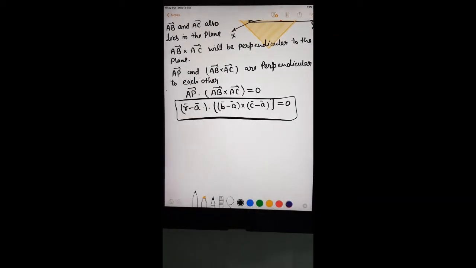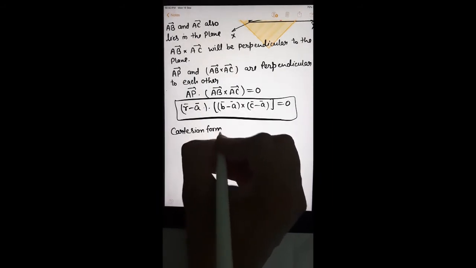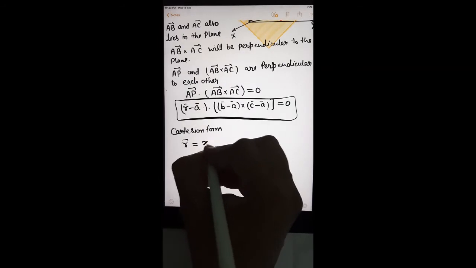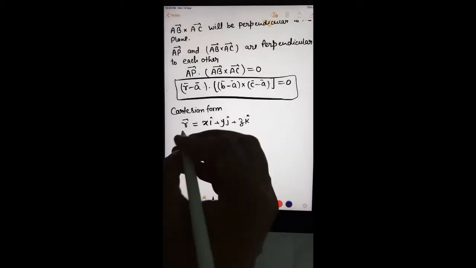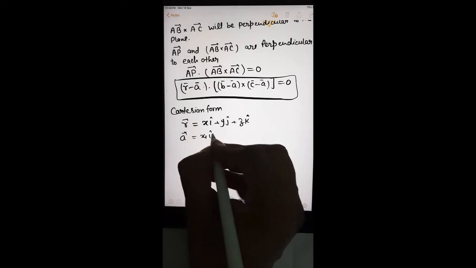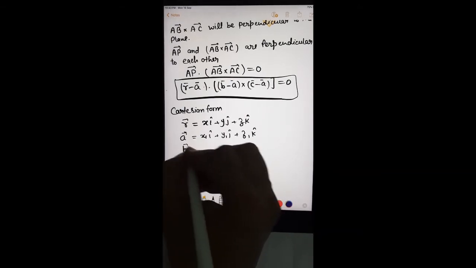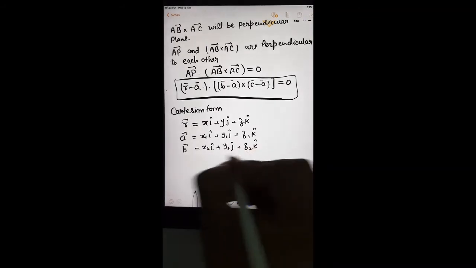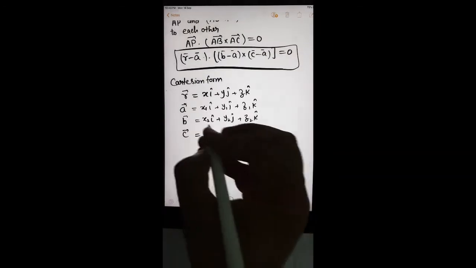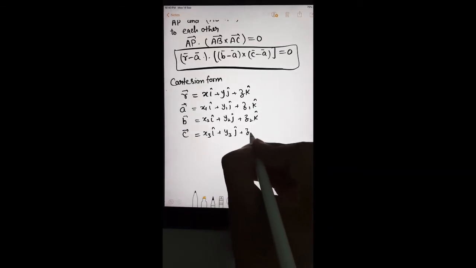Now to find the Cartesian form, let us take vector r equals xi plus yj plus zk, vector a is x1i plus y1j plus z1k, vector b is x2i plus y2j plus z2k, and vector c is x3i plus y3j plus z3k.